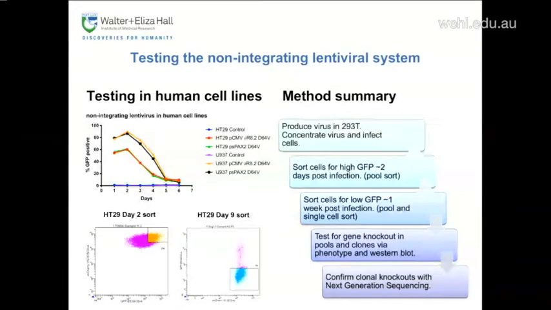And the second sort we want for the low GFP, so that's this group down here, and that's because we want the cells that have diluted the vector out. There's the random integration that comes in here, and although it might get a more effective knockout, it would still have the problem that it has the integrated guide in there, which is what we're trying to avoid. And then the last process is to test for gene knockout in both pools and single cell clones using phenotype and Western blot, and finally confirm the clonal knockouts with next generation sequencing.